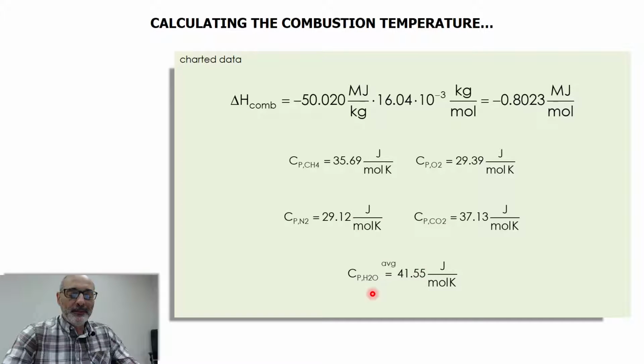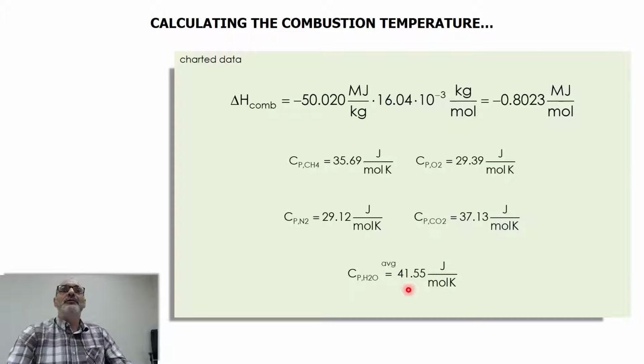A reminder, the specific heat of H2O changes a lot, so I'm just using an average value for these calculations. I'm going to show you how you can obtain this data. I can do it right now. For instance, how did I get this number, 41.55?